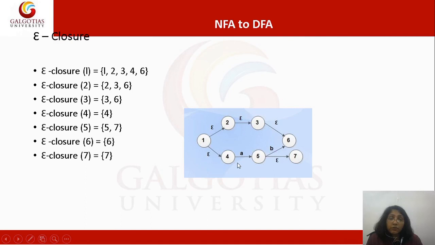Epsilon closure of 4 is only 4. Epsilon closure of 5 is 5 and 7. Epsilon closure of 6 is only 6, because there is no transition coming out from 6. Epsilon closure of 7 is 7 only.